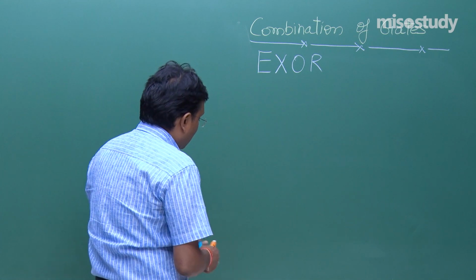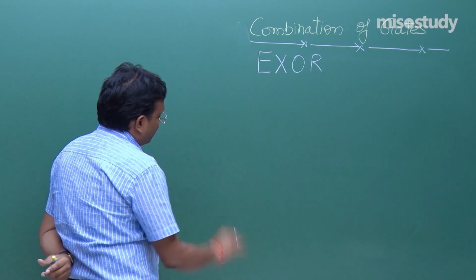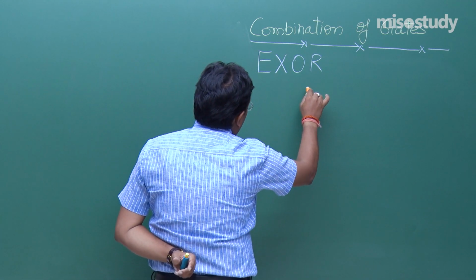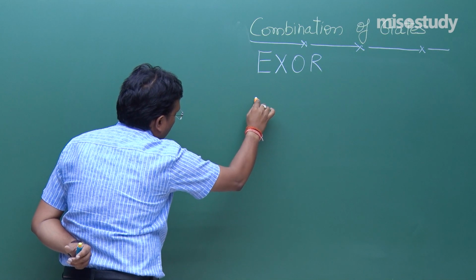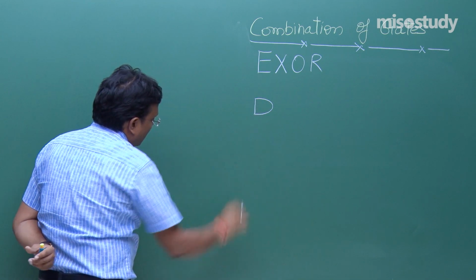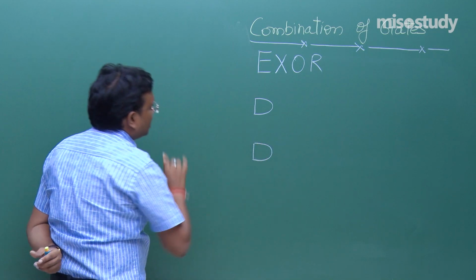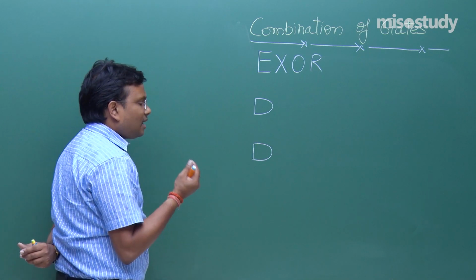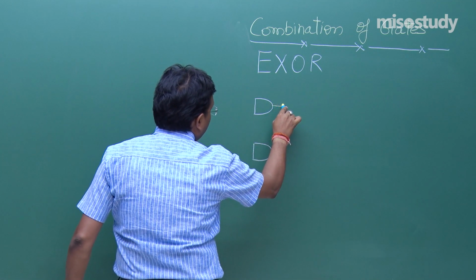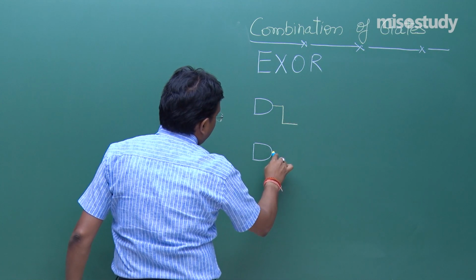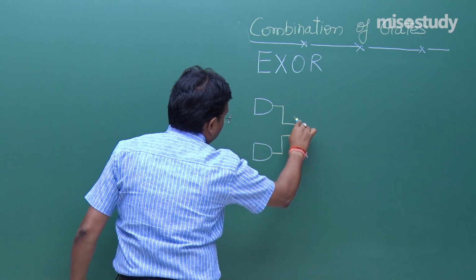So let's consider the scenario of this particular situation. Exclusive means, let's try to draw a big diagram. Fine. I have one AND gate over here, and I have one AND gate over here. This is, you can say, the first slightly complicated circuit diagram. The outputs of both these gates go to an OR gate.